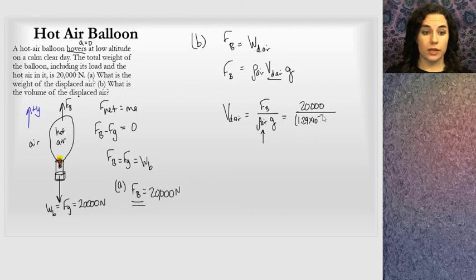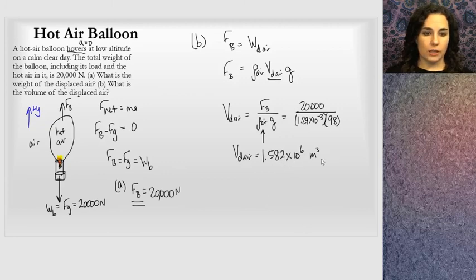And then I'm going to multiply by this factor of g down in the denominator. When I run this through the calculator, the volume of the displaced air turns out to be 1.582, and I'm expecting this to be a large number, times 10 to the 6th meters cubed. That's pretty big. 1.6 million meters cubed.